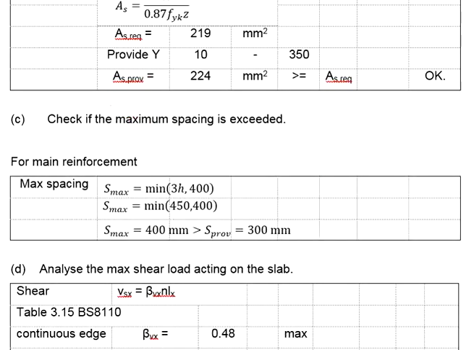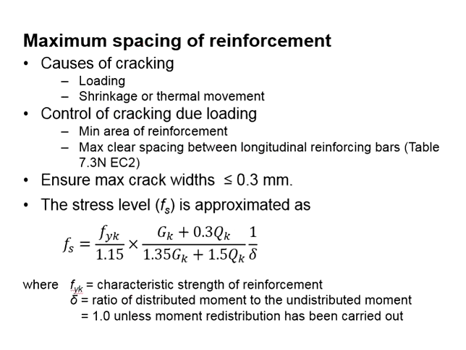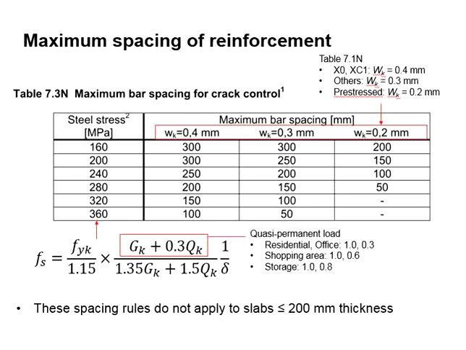Coming back to the maximum spacing, which is the second method to control the cracking. Both methods apply to the slab. For a typical design, you need to make sure both are fulfilled. Now, when you need to determine the maximum spacing of the reinforcement, there are two methods.